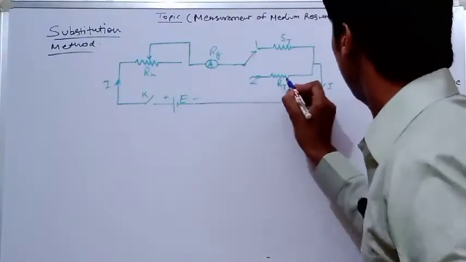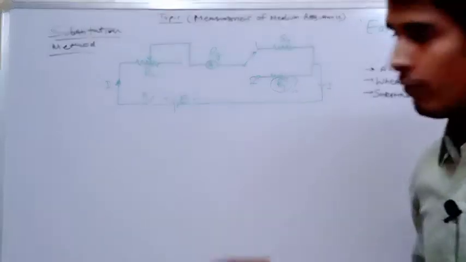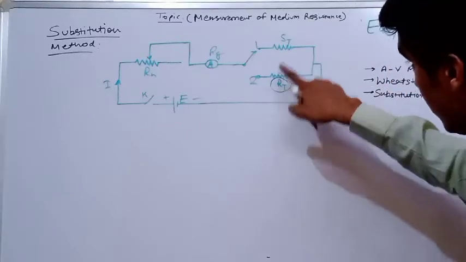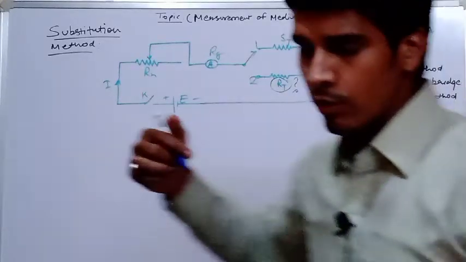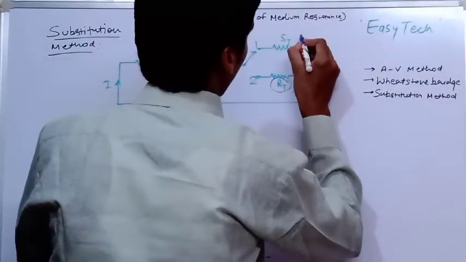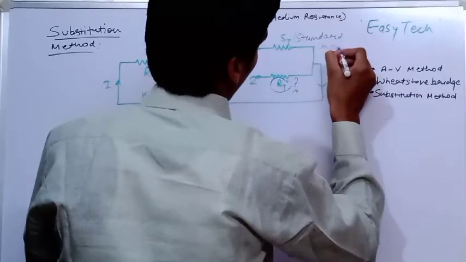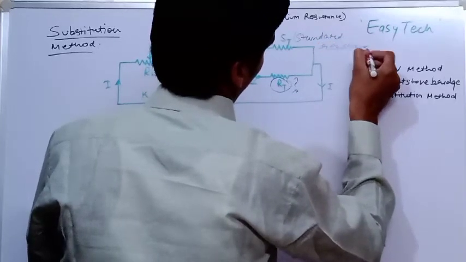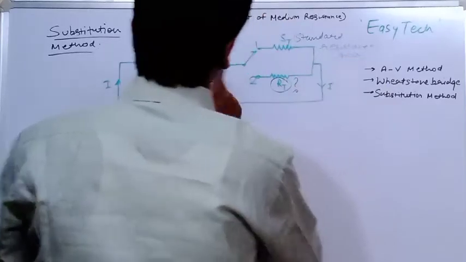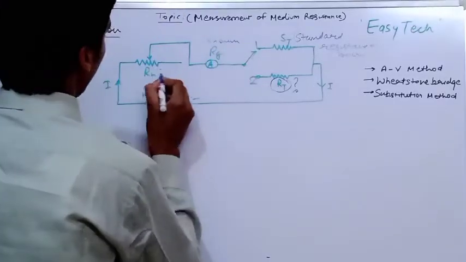And by using S, that is the standard resistance. What is ST? ST is nothing but only the standard resistance, and its value is known. The value of Rg is known. The value of the rheostat is known.